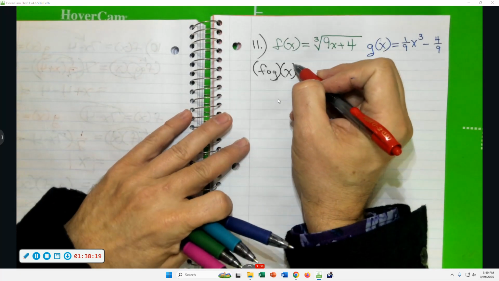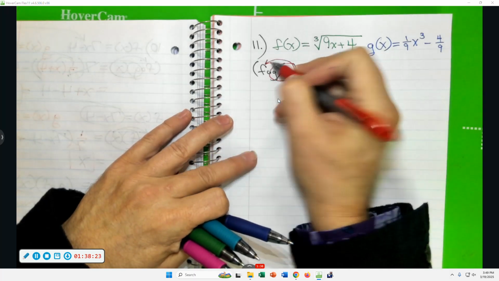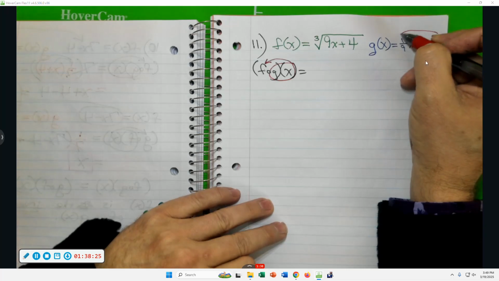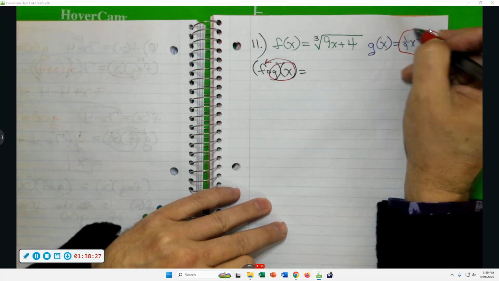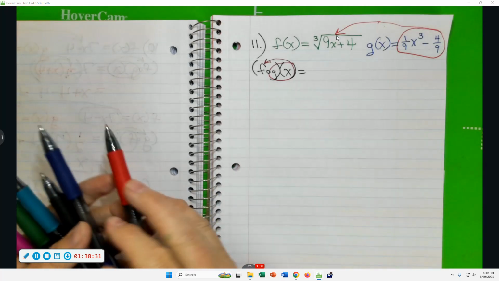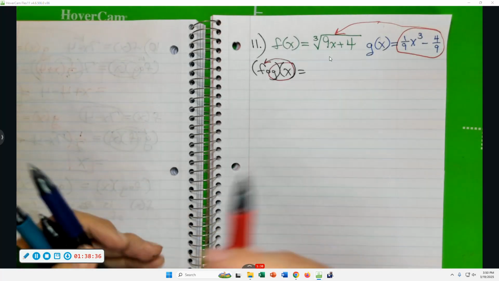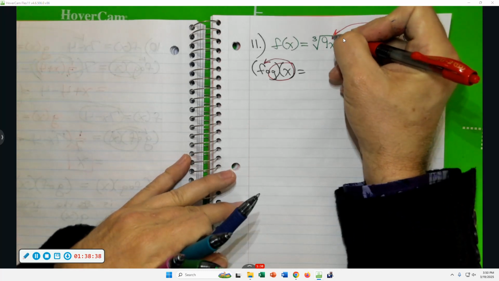This is saying take g of x and plug it into f. Take g of x and plug it in to f. Put that arrow right there at the x. Okay. Continue it. There.